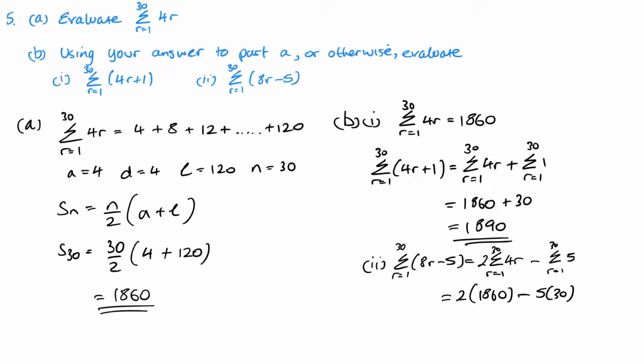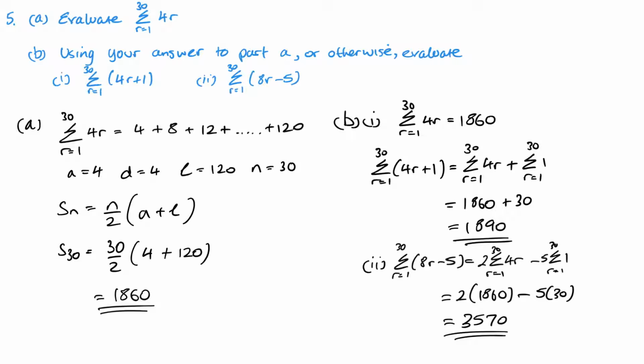Okay, another way I could write this is it's 5 lots of that sum of 1s. Okay, sum of 1s is 30. In this case, 5 lots of 30. A couple of ways of doing it there. And that gives me 3570.